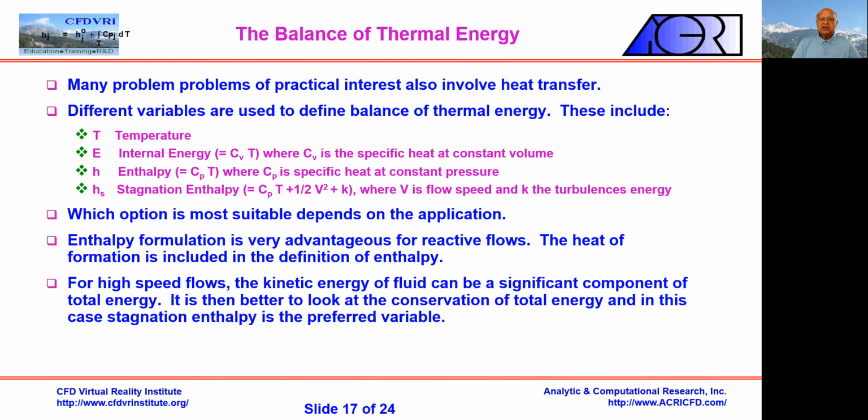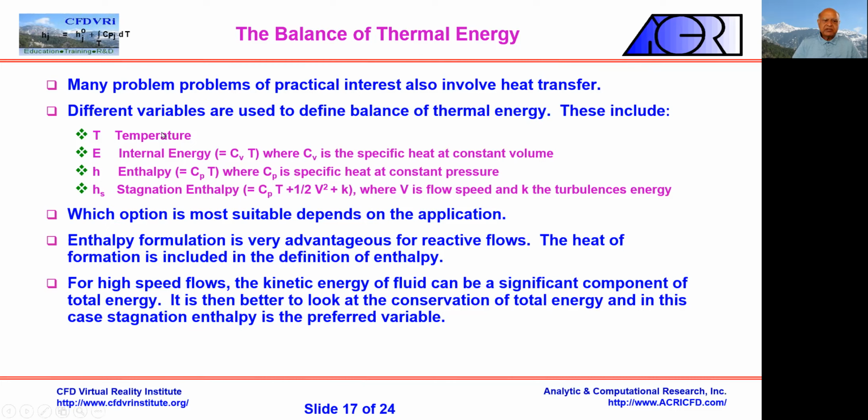Now let's move on after this to other equations. Most important of these is the thermal energy. So many problems of practical interest involve heat transfer. Here, a number of different variables are used to denote the balance of thermal energy, and this depends on the applications which are of interest to us.